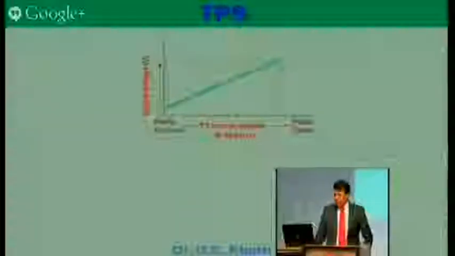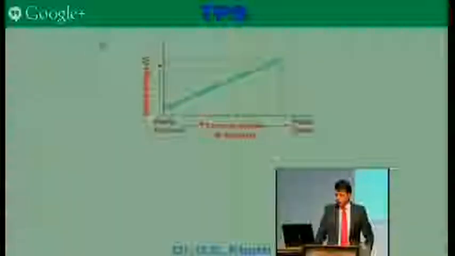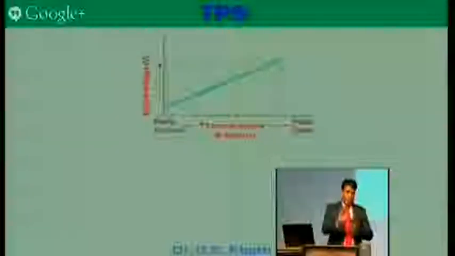Here we can see the characteristics of the TPS. Again, the good thing about the MAP sensor and TPS is that their characteristics are linear in nature. So it is very easy to represent by an equation. You can use the equation y equals mx plus c as a straight line. In this TPS, this position is fully closed. Fully closed means the engine is stationary and you are not pressing the accelerator pedal.